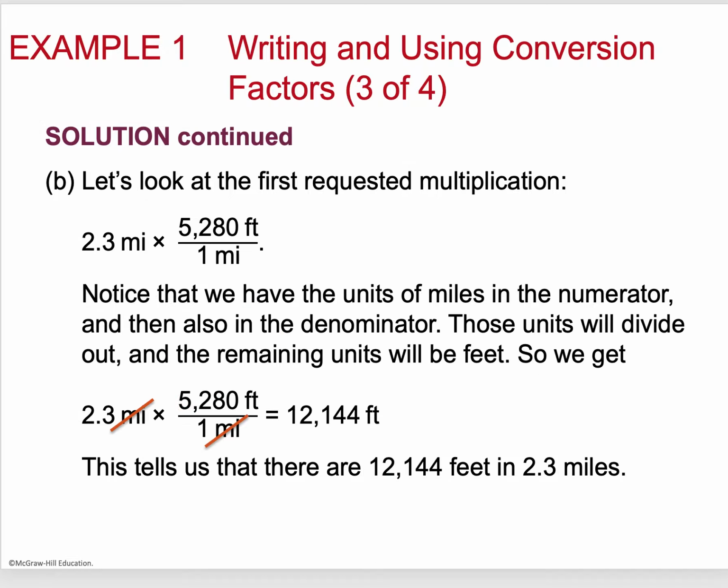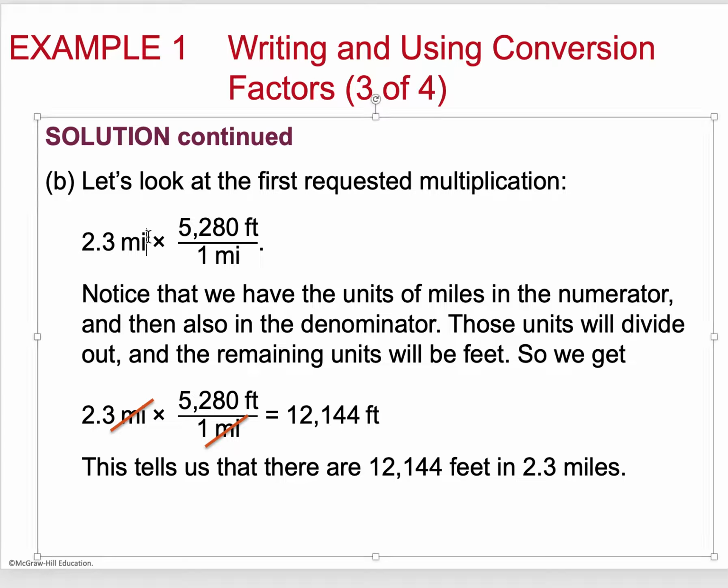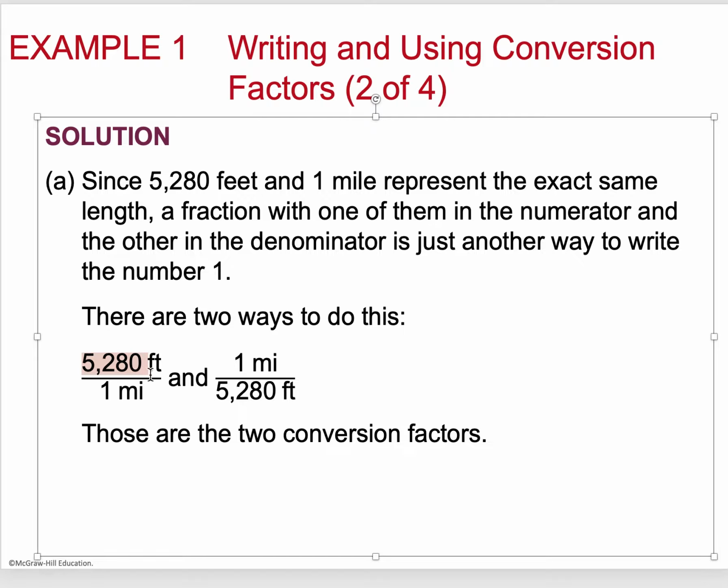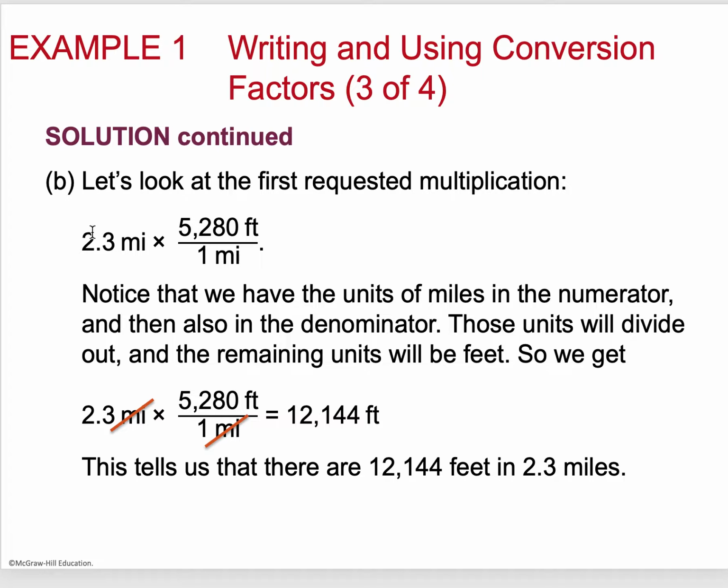And so in part B, they want me to actually use it. So I have 2.3 miles and I want to convert that over to feet. So the way you do the conversion factor is you always choose the one with your current units in the denominator. So that's how I decided to use this conversion factor from my list. I wanted to go to feet, so miles had to match the denominator.